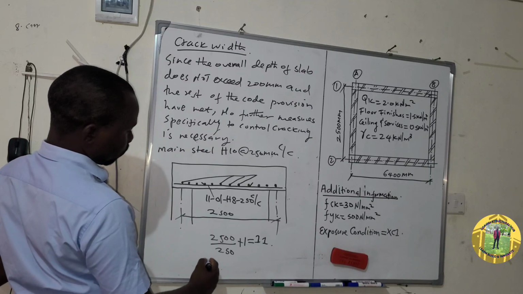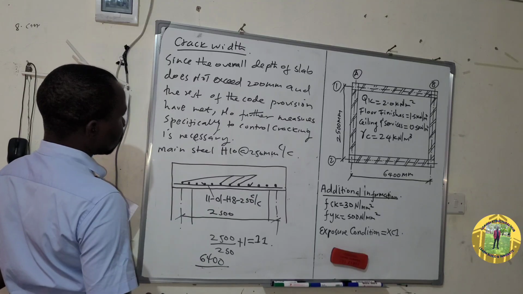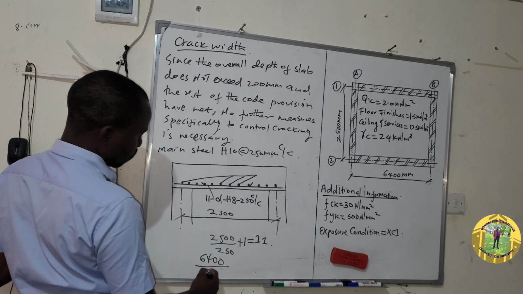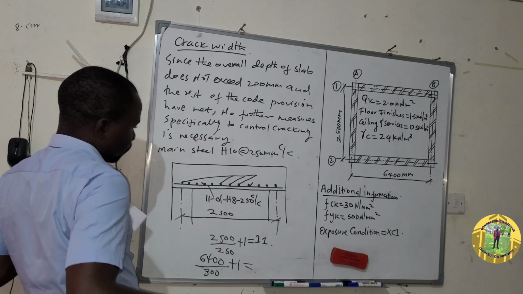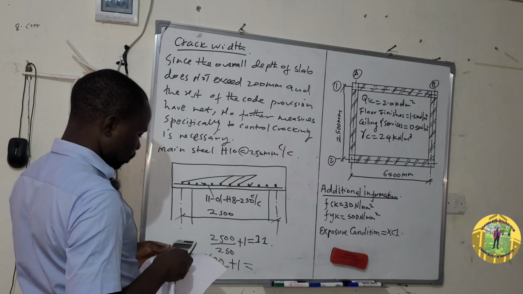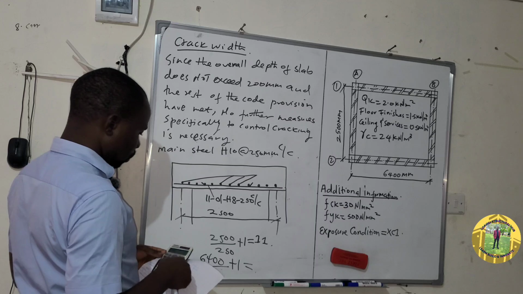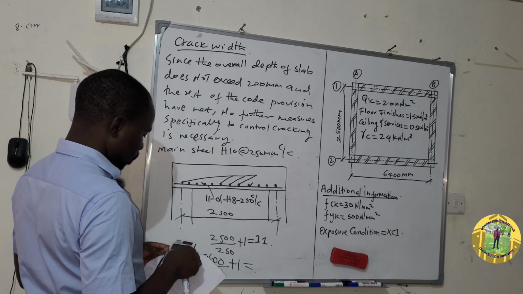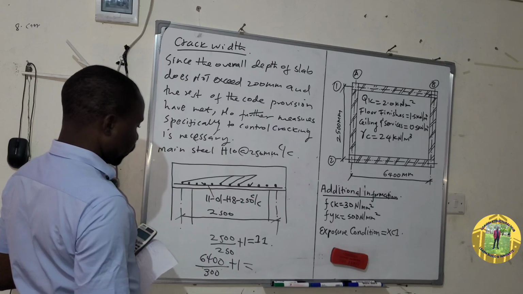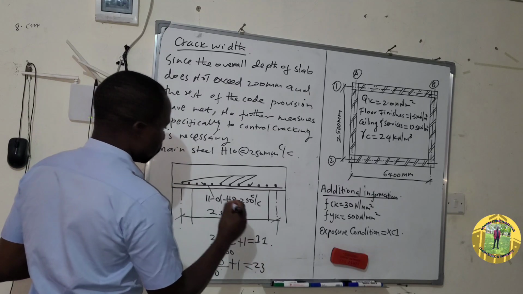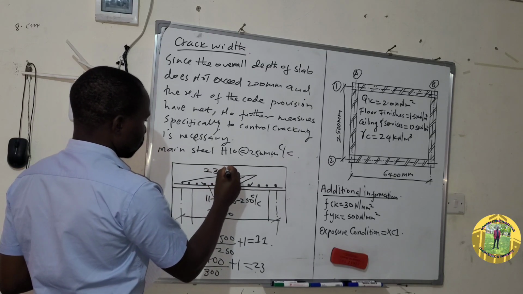So to get the number, take 6400 all over 300 plus 1. So this is 23. So this one are 2302.